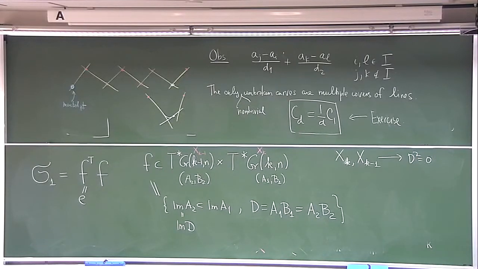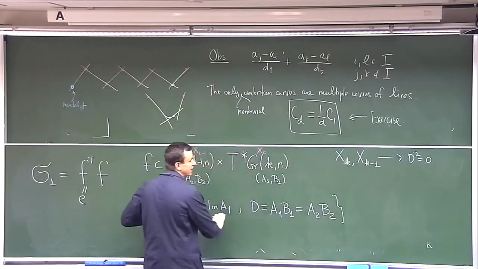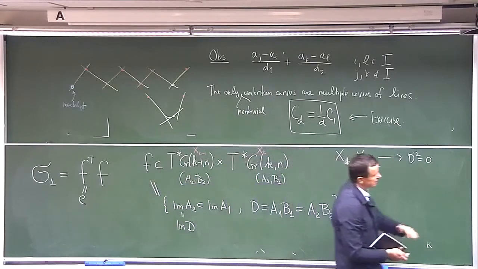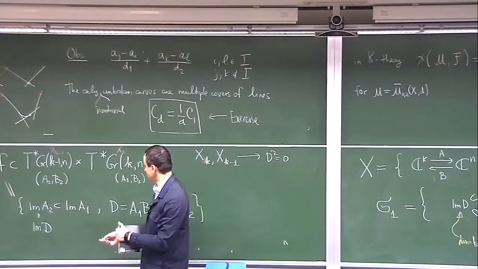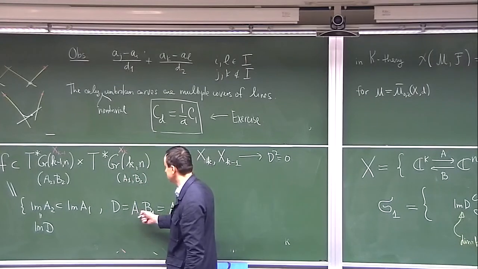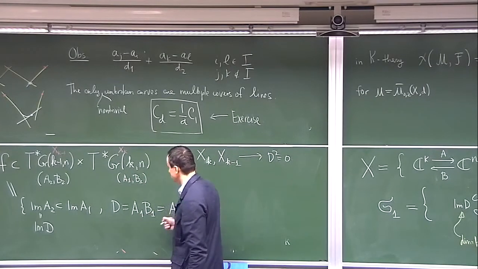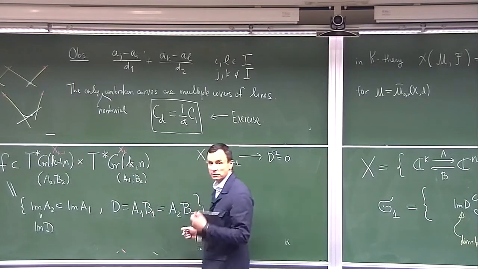This is just me rewriting the top half of this correspondence. Because if I have an actual operator, since my A2 is injective, to know what D is is the same as to know what B1 and B2 are.